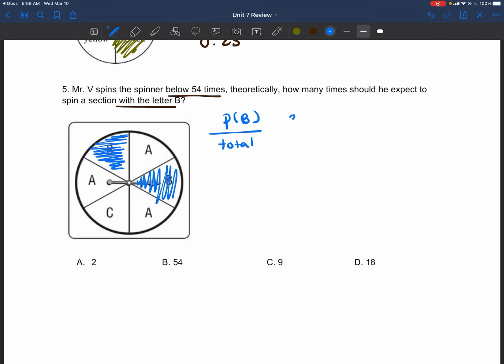And we said we have 2 out of 1, 2, 3, 4, 5, 6. 2 out of 6. But we are going to do it 54 times, which is another total. So class, my scale factor, and what would I get for the probability of getting a B if we spin it 54 times?